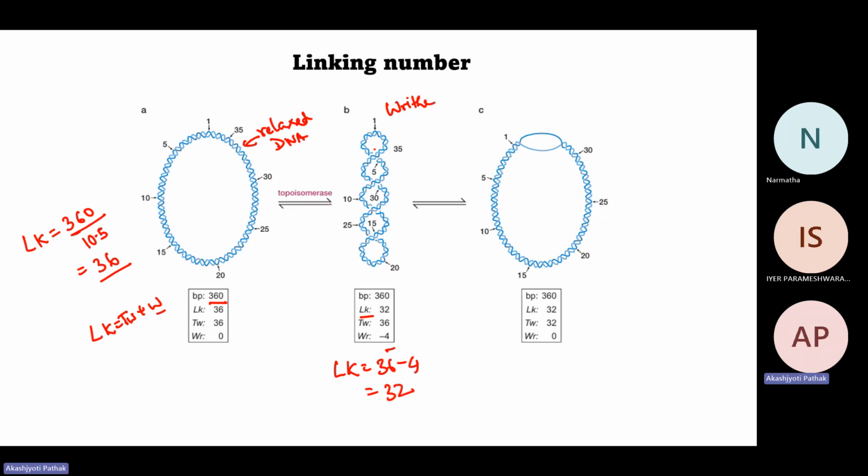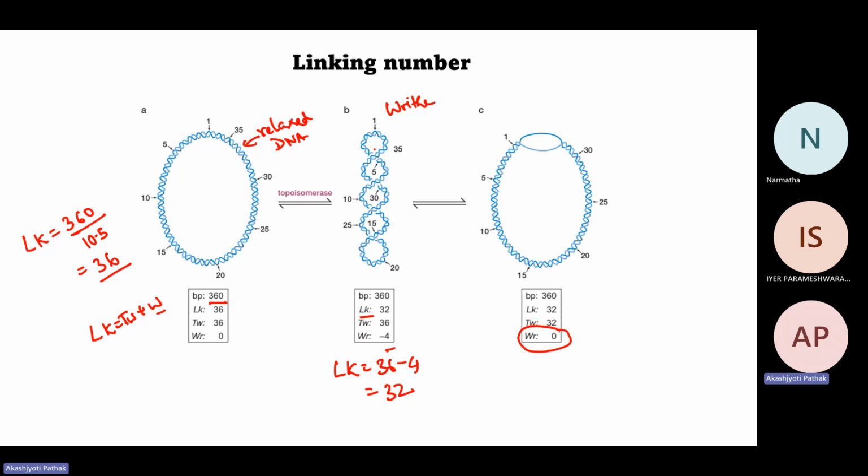Okay. So the linking number only changes if there is any breakage in the covalent bond of the DNA, and that can be done by the topoisomerase enzyme present in the cell. Now, for example, this part of the DNA has opened up. There are no supercoils you can see in this DNA, so the writhe is 0.